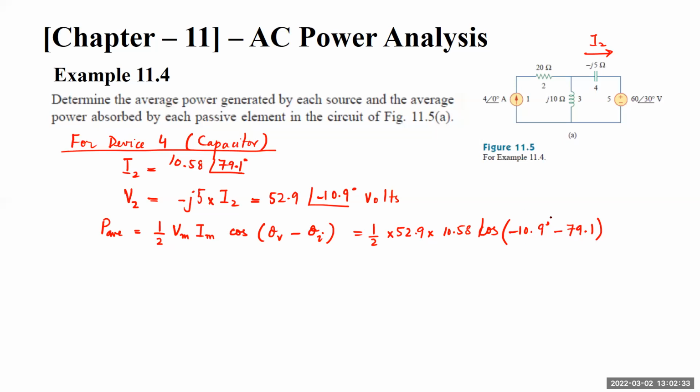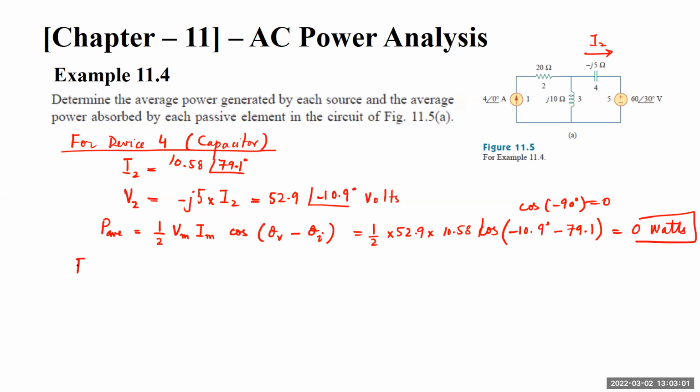So this is basically cos of minus 90 degrees, which is equal to 0, so this comes out to be 0 watts. So we have seen that the power absorbed in a capacitor is also equal to 0.